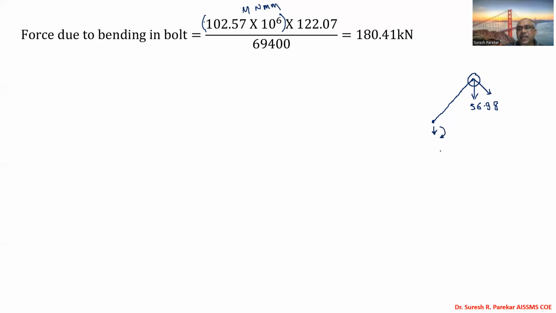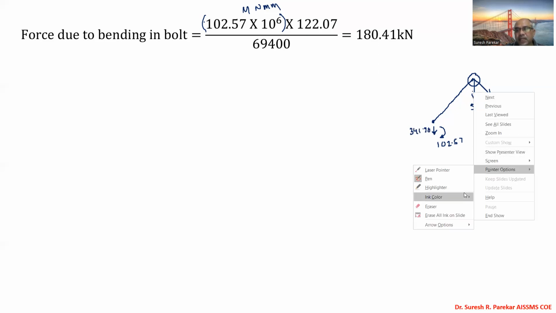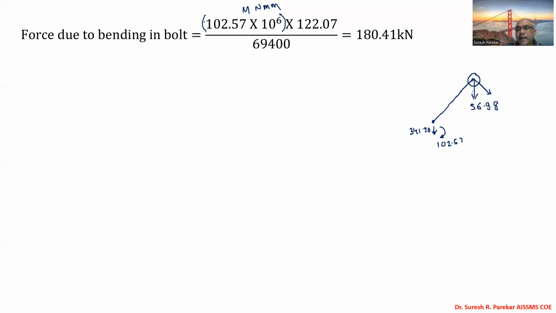This we have already seen. The moment is 102.57 and the axial force is 341.90. Now we have to consider two components of this. I will just change the color. So two components: one will be vertical and the second is horizontal.